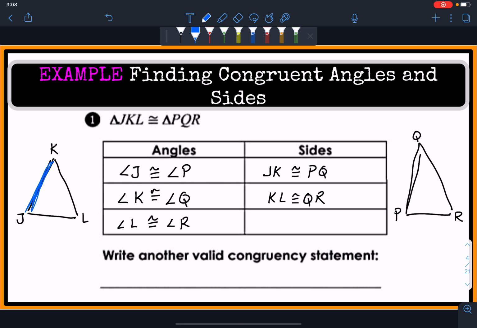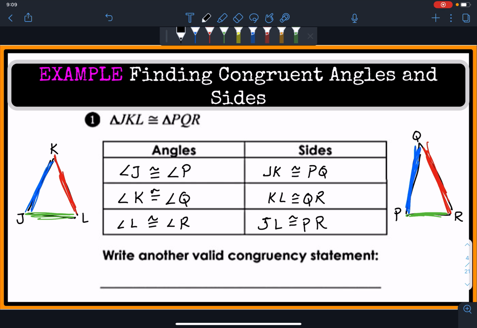JK corresponds to PQ, and again look at the name, it's all right there in the name. KL corresponds to QR, and JL is going to correspond to PR. So from J to L is going to be congruent to its corresponding part, which is P and R on the other one.